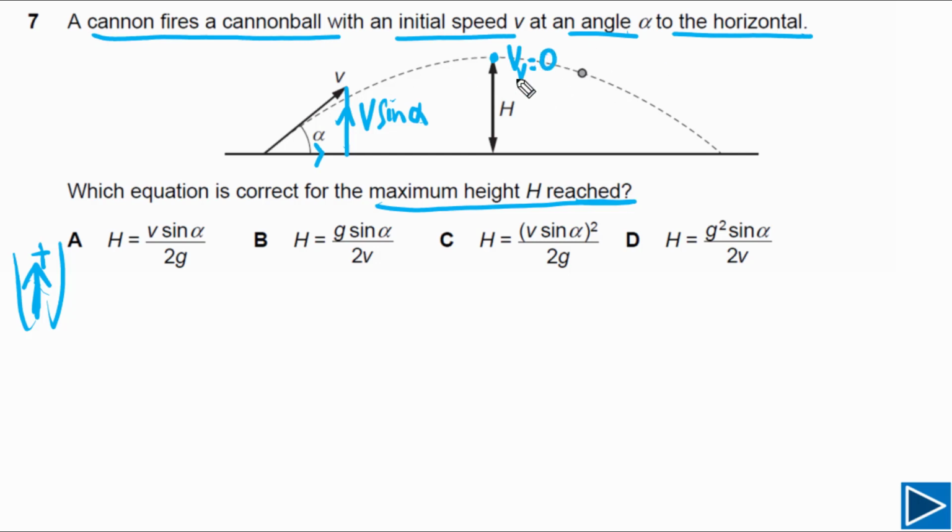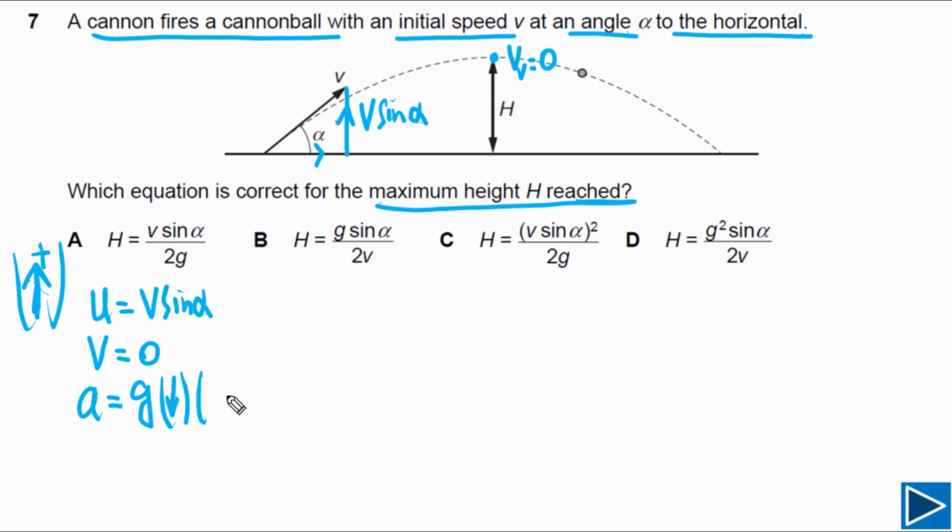So the initial speed U is equal to V sine of alpha, and the final velocity at the peak V is equal to 0. We also need to understand acceleration is equal to g, and direction of acceleration is always down, so it is negative because we have taken up as positive.